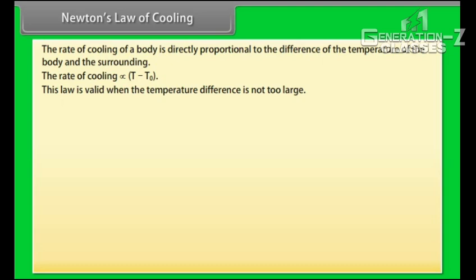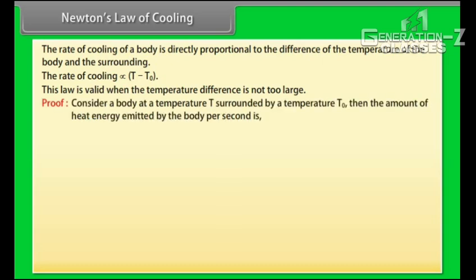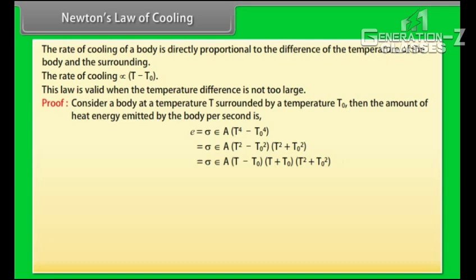Let's see the proof. Consider a body at a temperature T surrounded by a temperature T naught. Then the amount of heat energy emitted by the body per second is E equals sigma e A (T minus T naught)(T plus T naught)(T square plus T naught square).